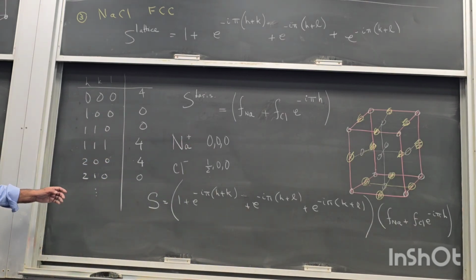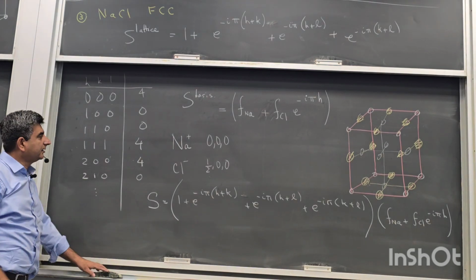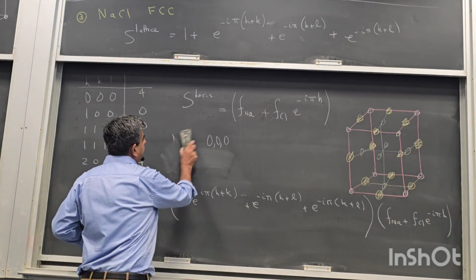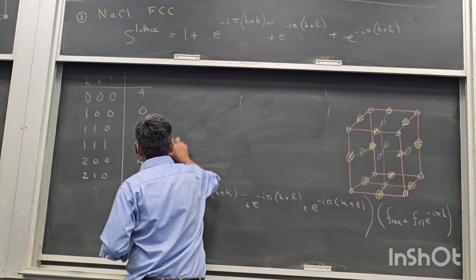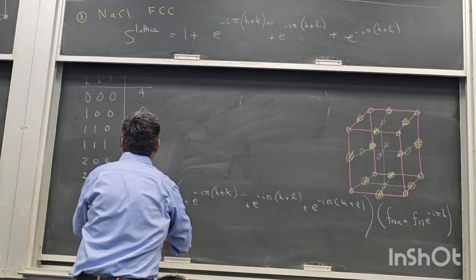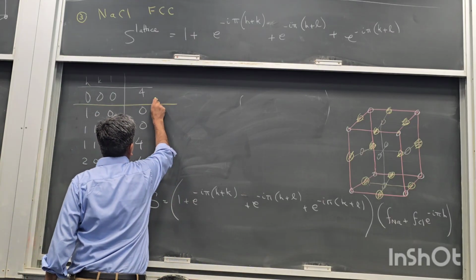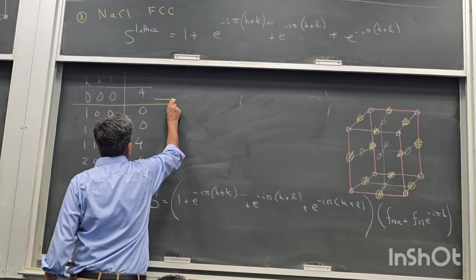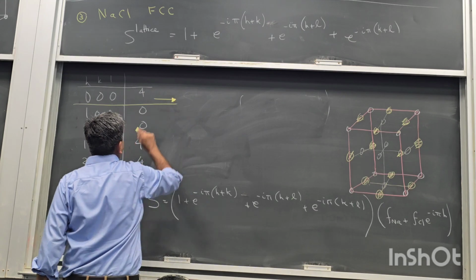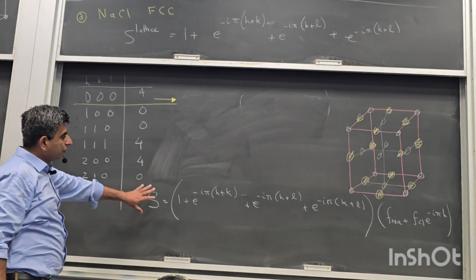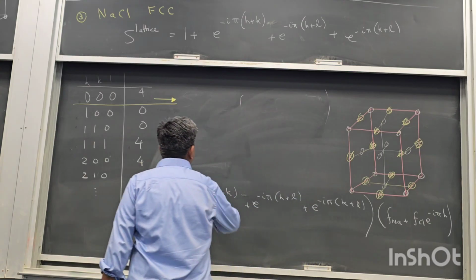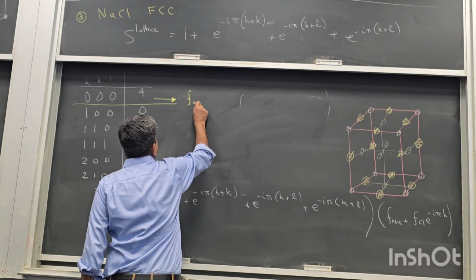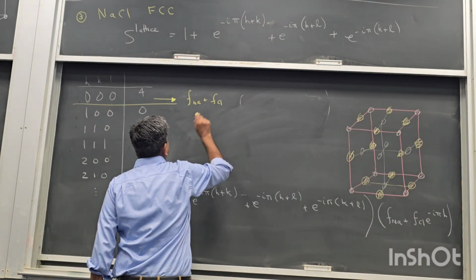So if I were to complete this table a little bit, I just want to erase this part here. If I look at this entry, this is 4 over here, and here H is 0, so I get F Na plus F Cl multiplied by 4.